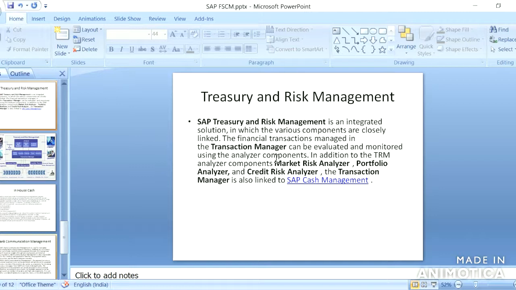In addition to the treasury and risk management analyzer components, market risk analyzer, portfolio analyzer and credit risk analyzer, the transaction manager is also linked to SAP cash management. So by reading this, do you understand anything? If we don't have any knowledge of what actually treasury and risk management is, definitely we don't understand.